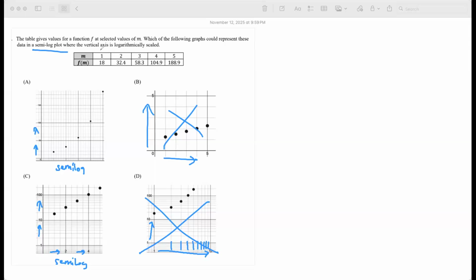So here when you look at this function, 1, 2, 3, 4, equal intervals in x values, the independent values. For the dependent values, you have some sort of an exponential graph for sure. In a semi-log plot, this type of exponential function will become a line. So this is the plot that corresponds to the given table of data.